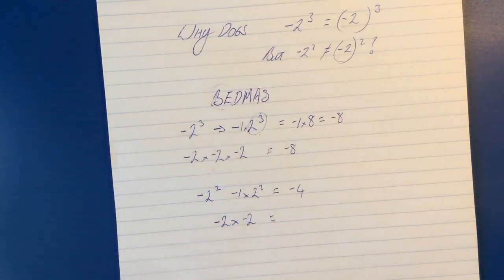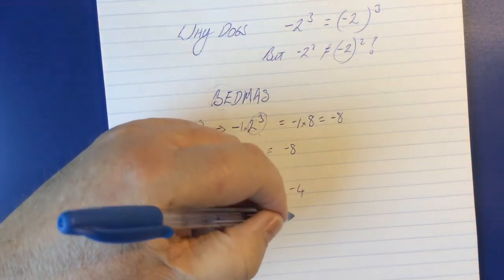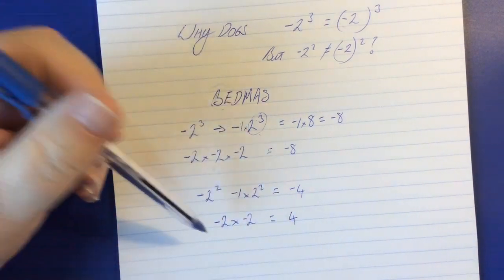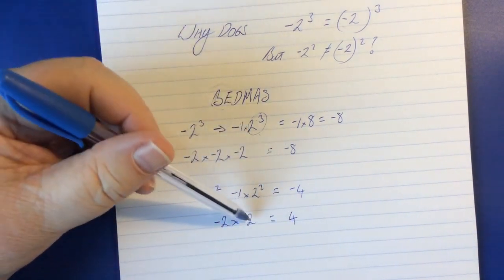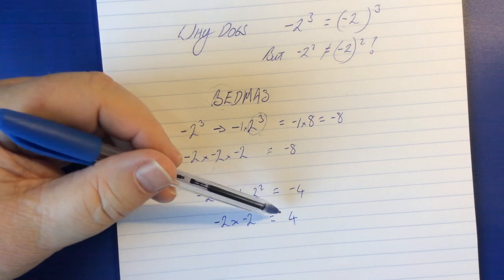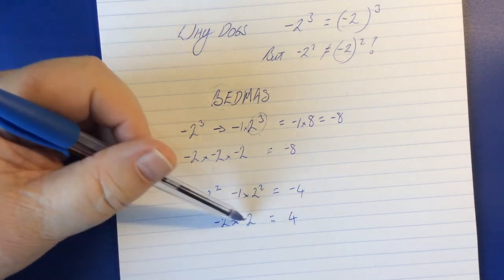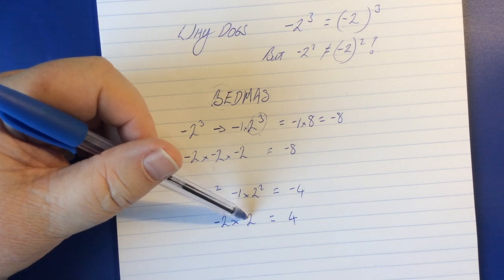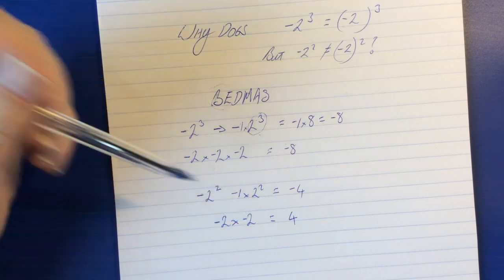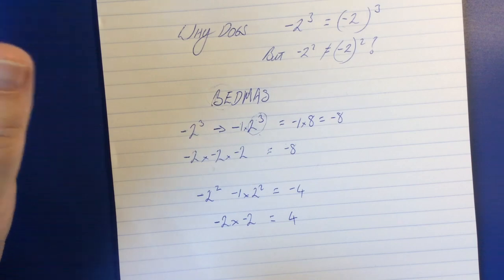I hope you can see that. The answer is 4. Why is it 4? Well, 2 negatives make a positive. A negative times a negative. We are multiplying -2 by -2. That's all there is to it.